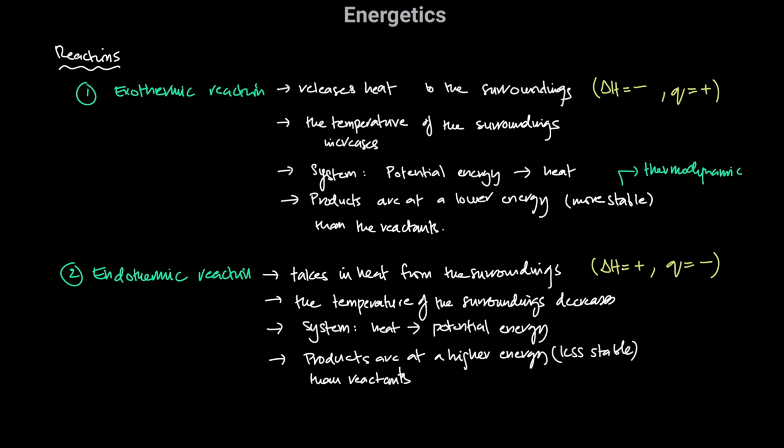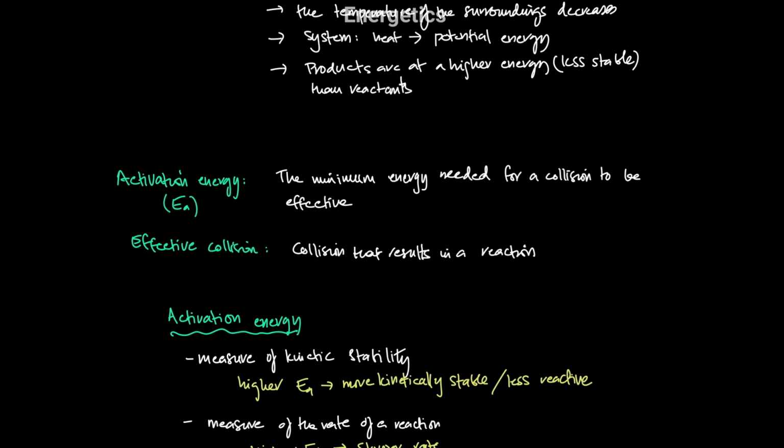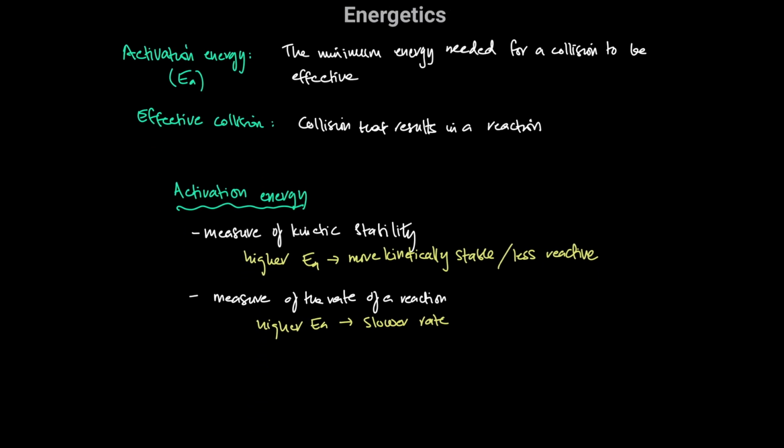The other type of stability is kinetic stability. Thermodynamic stability is when we're talking about the potential energy of one thing relative to another, and kinetic stability is when we're talking about how easily something reacts or how reactive something is. Higher activation energy is needed for that reaction to take place, which means that the reaction will occur at a slower rate.